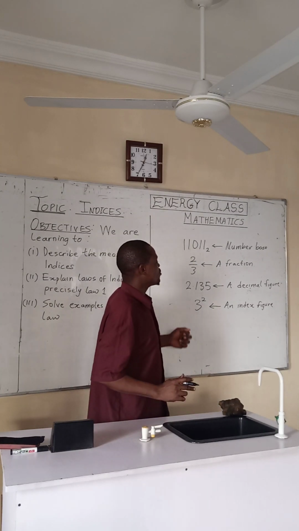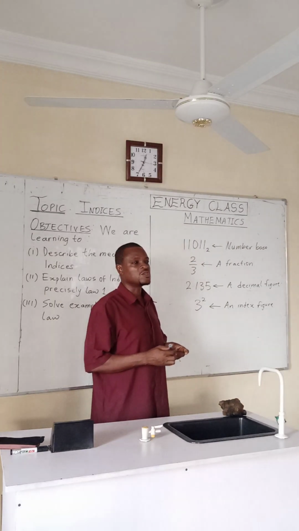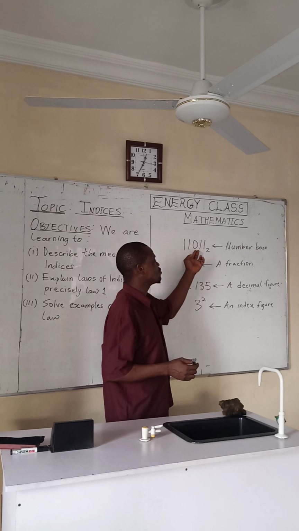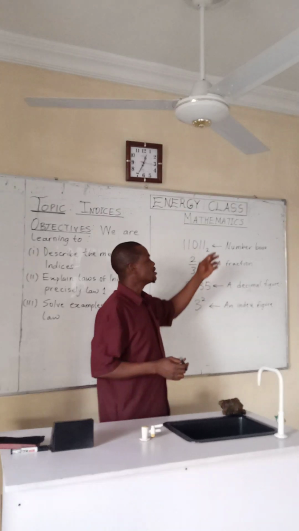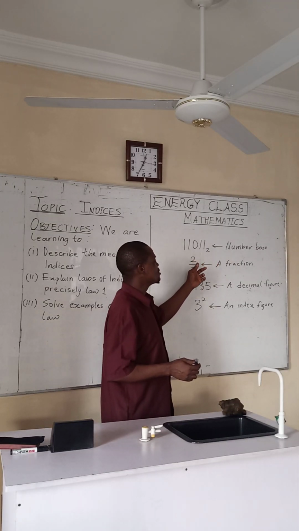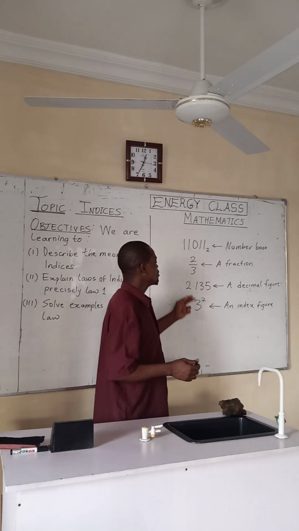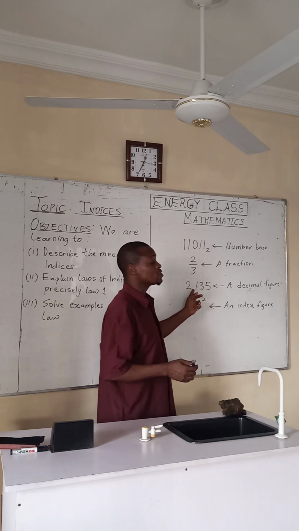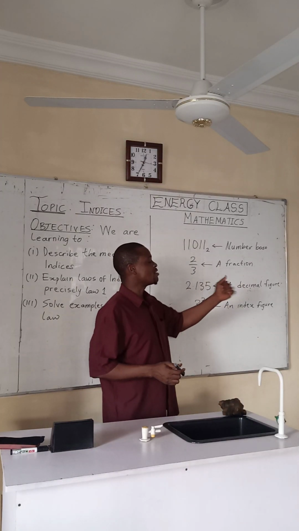So this is where we are going today, but you need to understand that we form this number by bringing this collection of numbers like 1, 1, 0, 1, 1 base 2 to form a number called number base, and 2 divided by 3 to form a number called fraction, and in between we have decimal, and that forms a decimal figure.